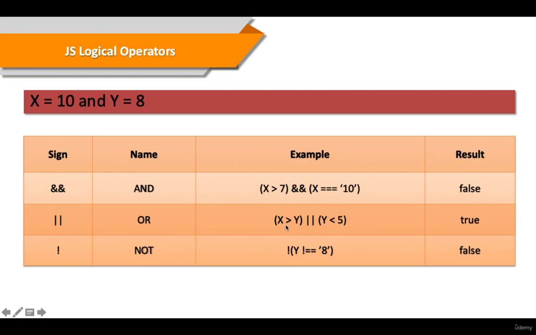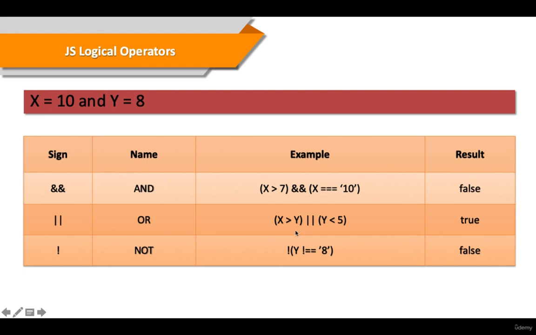So the left side, x is greater than y. That is true because x is 10 and y is 8. Or y is less than 5, which is false because y is 8. So we end up with true or false, which evaluates to be true overall. All right? Because the or only requires one side to be true.